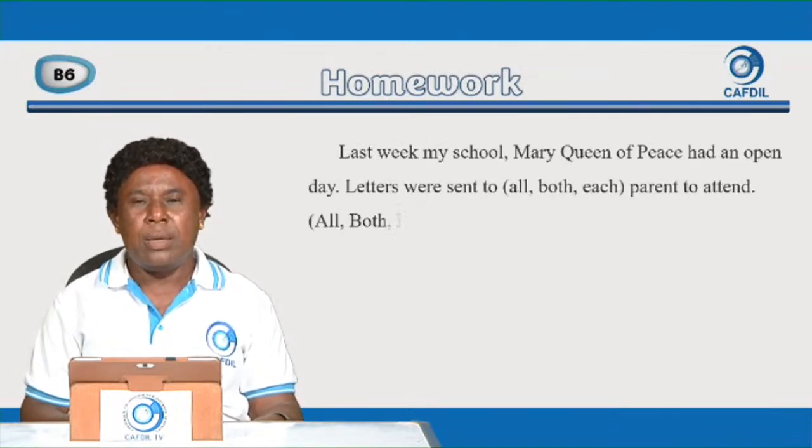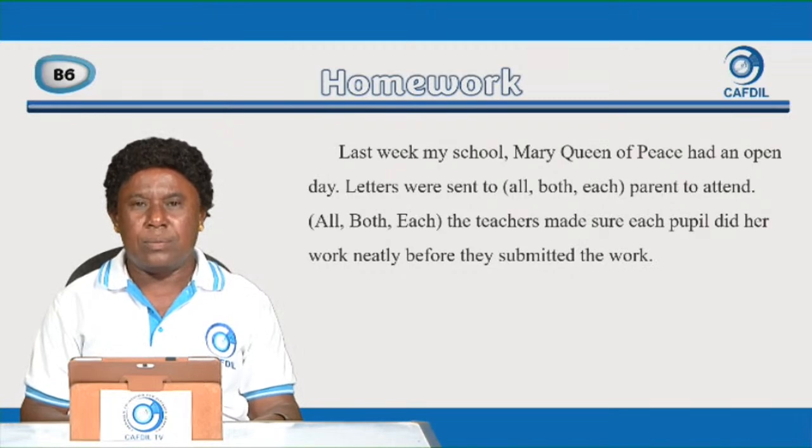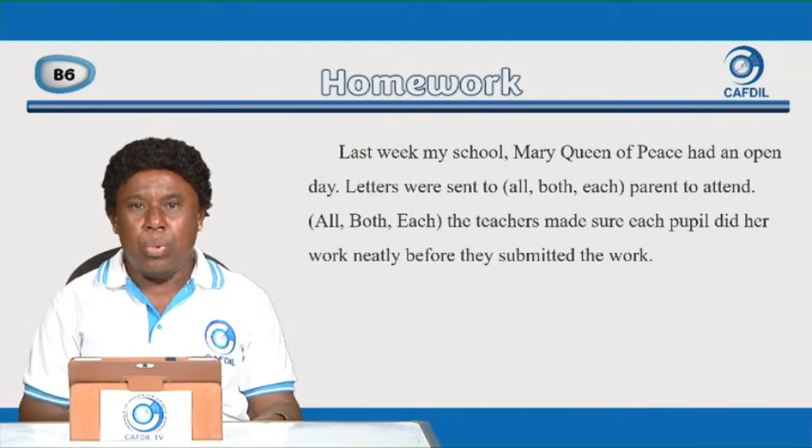Last week, my school Mary, Queen of Peace, had an open day. Letters were sent to all, both, each parent to attend. In the bracket, we have all the determinants. All, both, each. The teachers made sure each pupil did her work neatly before they submitted the work.